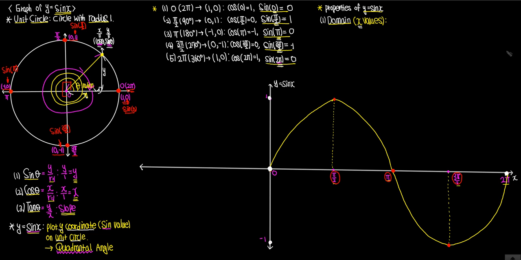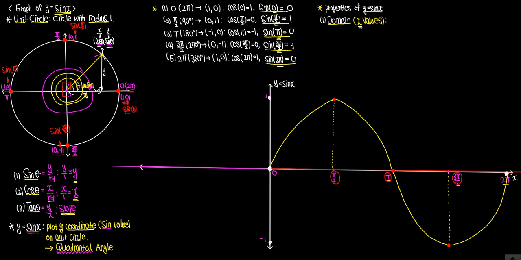So that means the domain can be notated from negative infinity to positive infinity, and this angle rotation on the unit circle will be notated on the graph as the x value. Firstly, for positive x, from 0 it will go all the way to positive infinity. And for the negative, which is clockwise rotation, it will start from 0 and go all the way down to negative infinity.